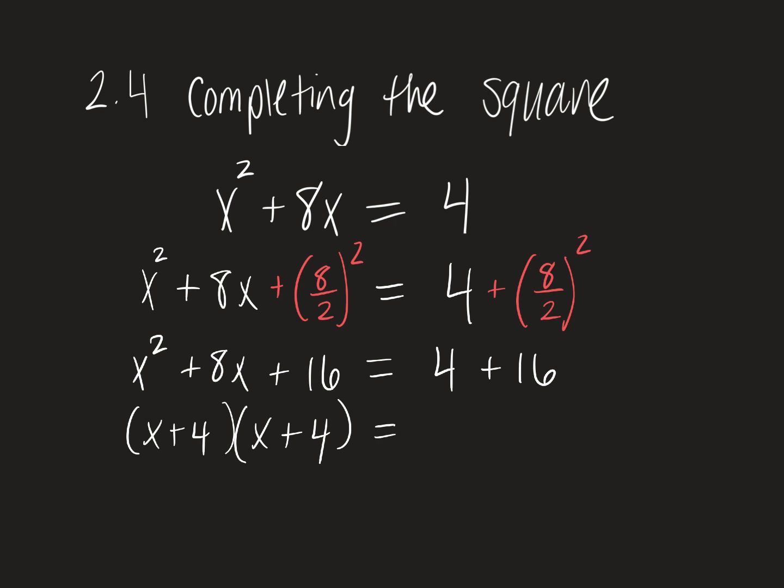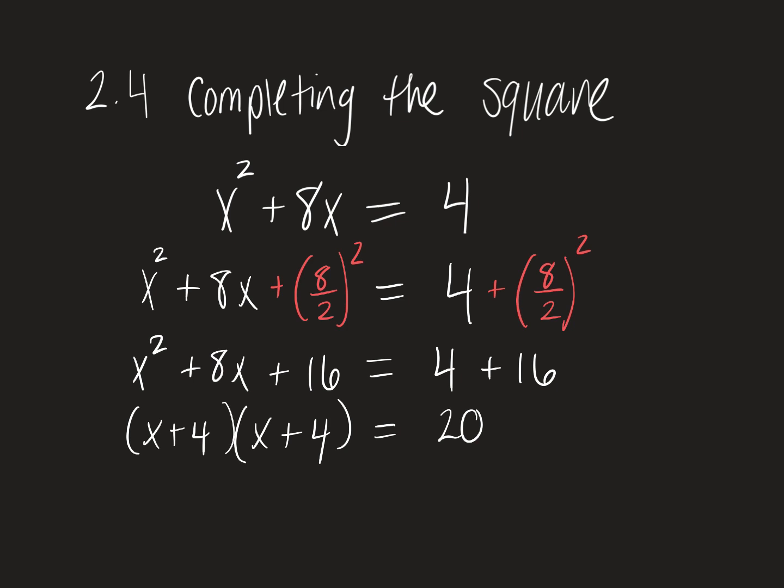Can you do the other way too? Like that, you could, yeah. Okay, so this is x plus 4 times x plus 4. How could we rewrite that? If there's two things that are identical that are multiplied together.